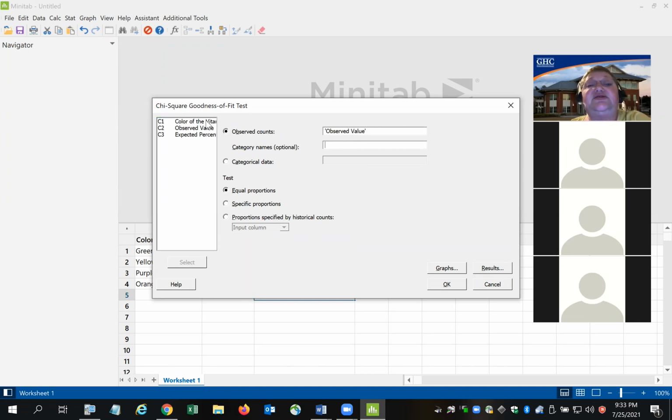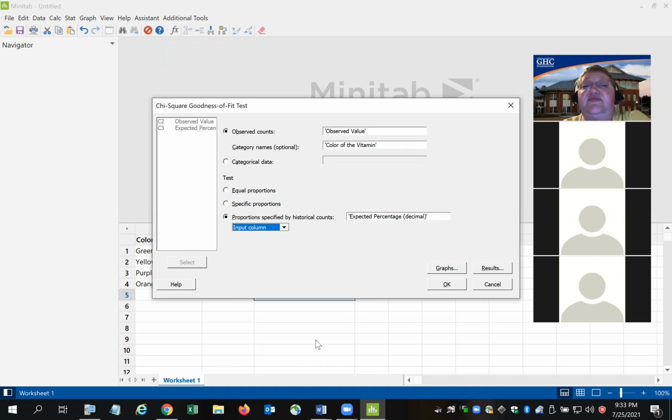They are in column 2. Where are your categories? They are in column 1. Which type of test are you doing? Are you doing equal proportions? Or I like to use proportions specified by historical counts because it allows me to go ahead and choose those expected percentages.